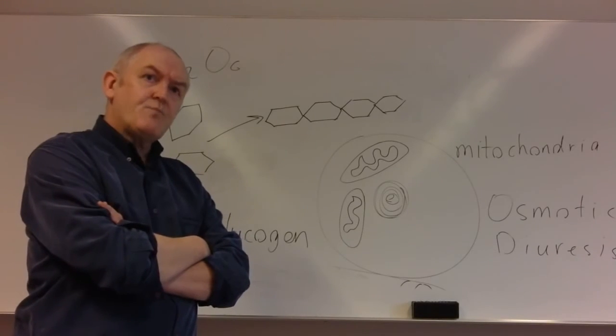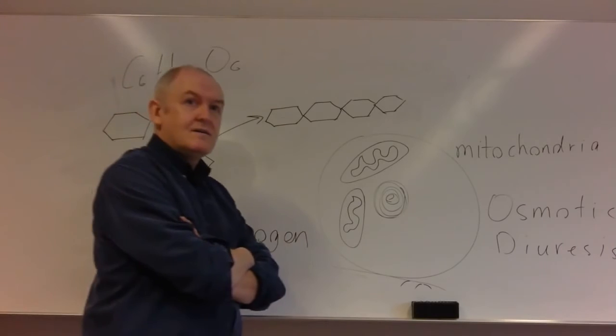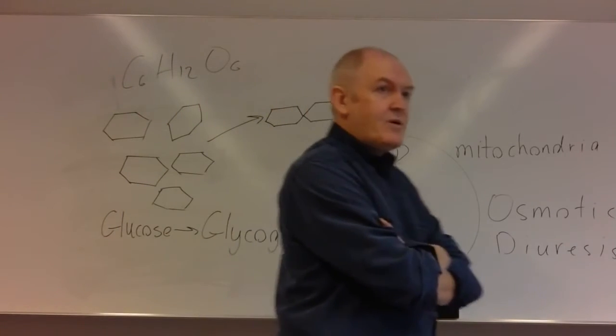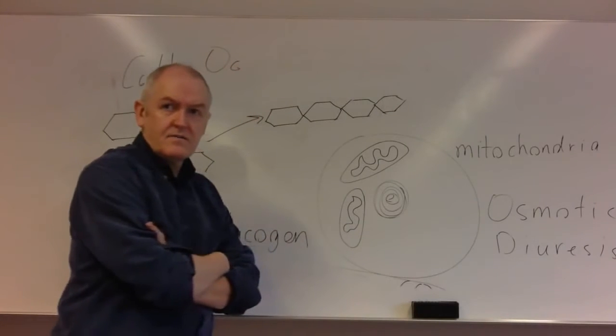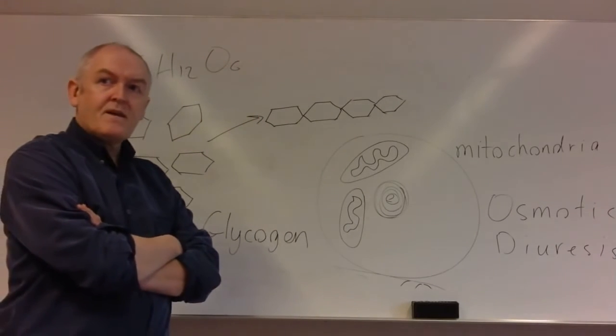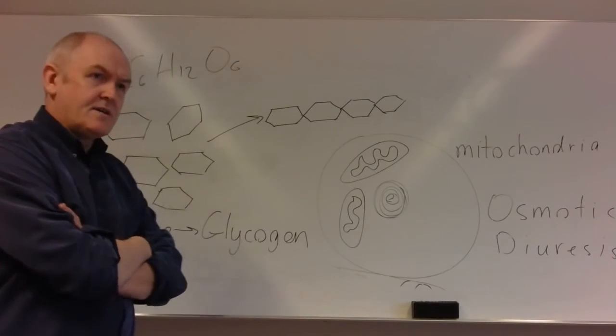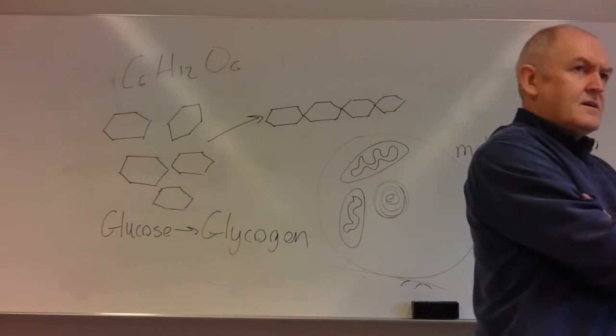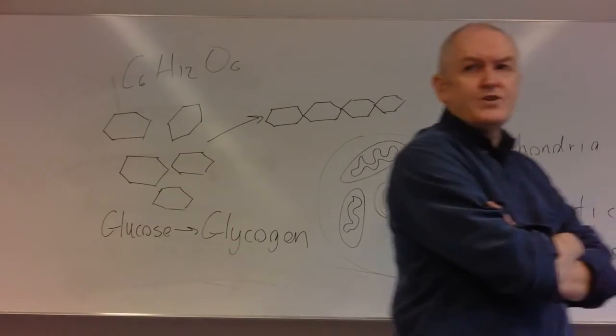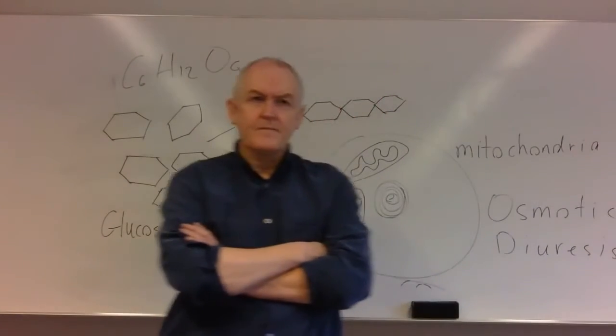So can you see the initial problem was hyperglycemia. That hyperglycemia was detected by the beta cells in the pancreatic islets of the pancreas. As a response, the beta cells produced insulin. The insulin facilitated the conversion of glucose to glycogen.